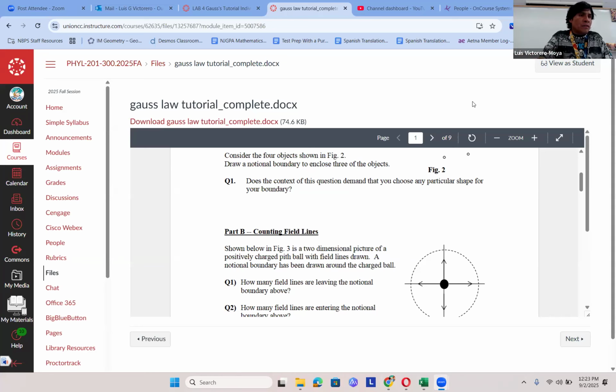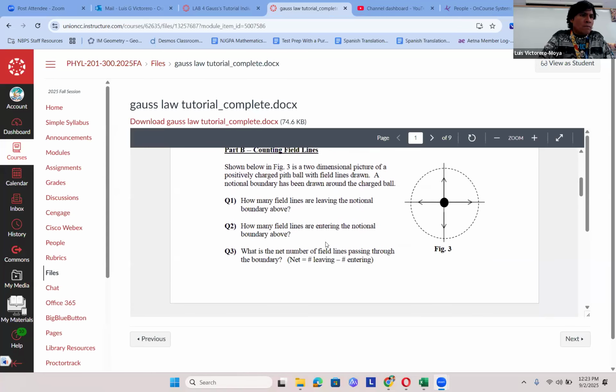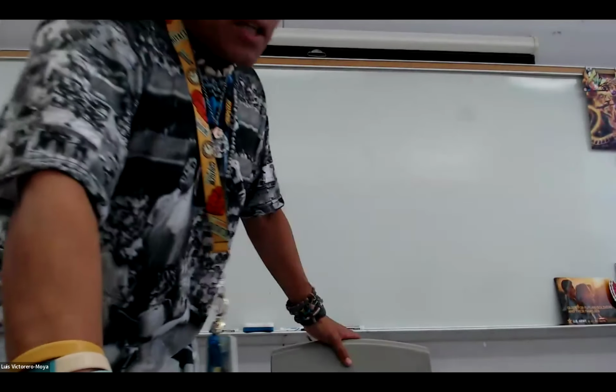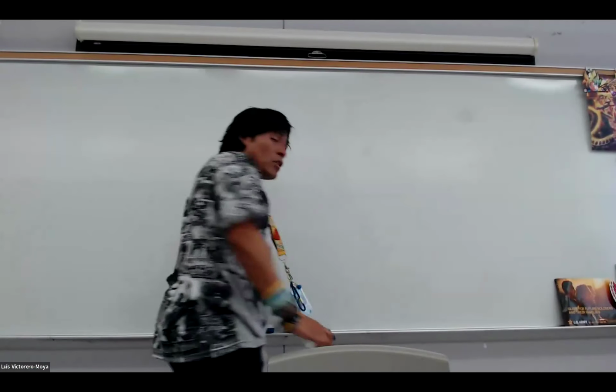So what I'm going to do is show you Gauss's law, how it's used, why we use it, and then you can answer the questions in that lab. And this should also help you to answer the individual questions at the end of the lab.